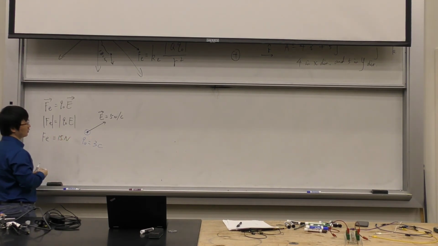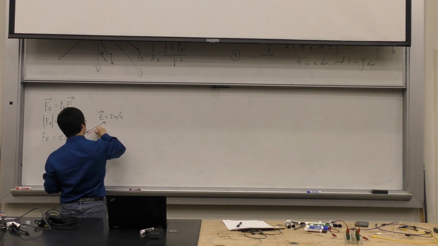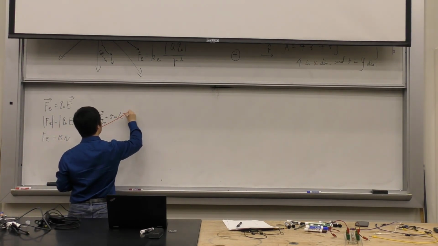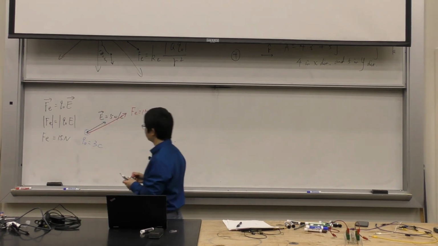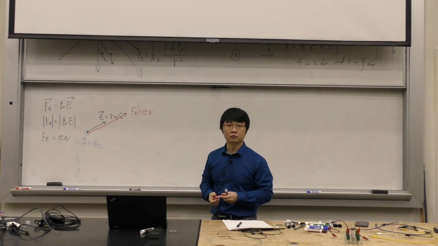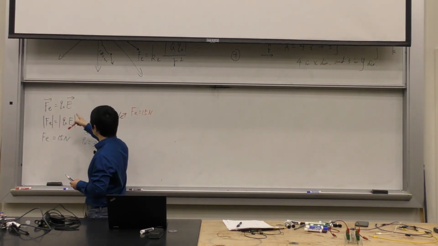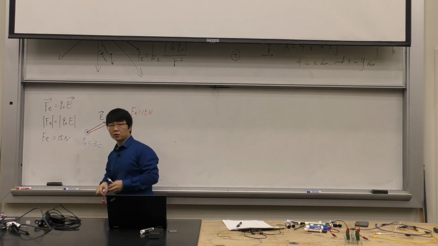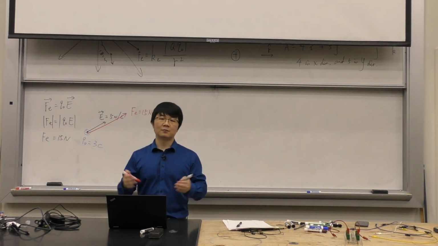Direction, because this is a positive test charge, I would draw the direction the same as this electric field. That's how you use this rearranged equation to calculate force on a test charge when the electric field has already been calculated either by you or some other people.